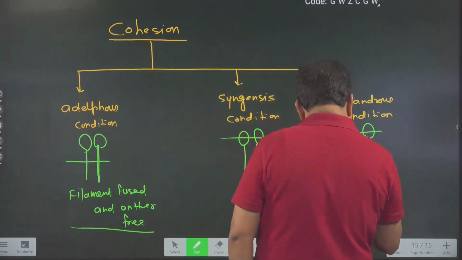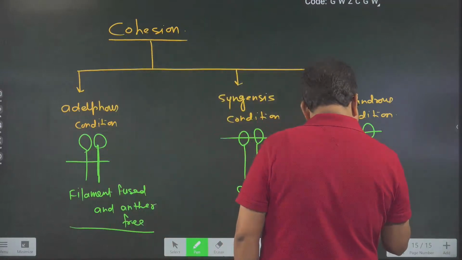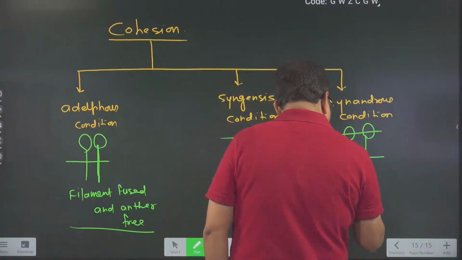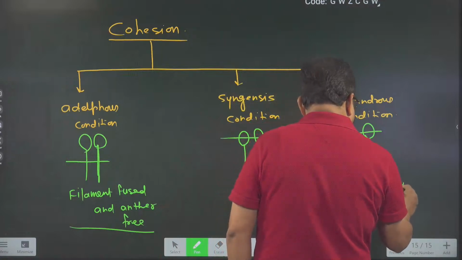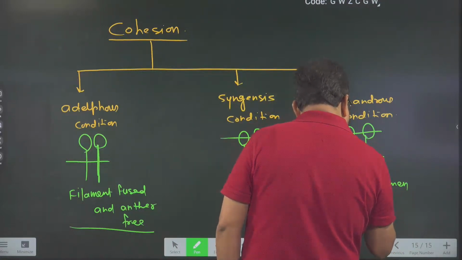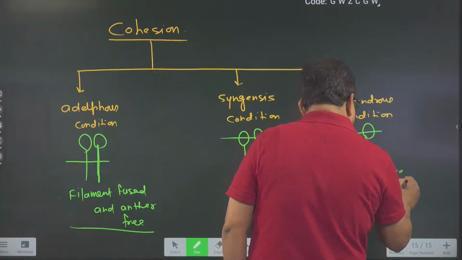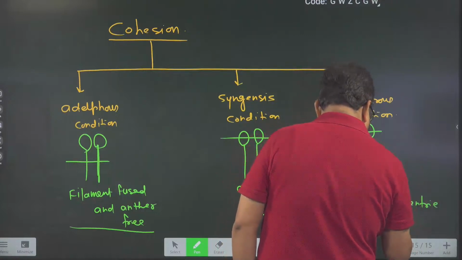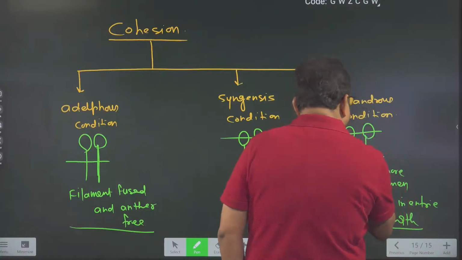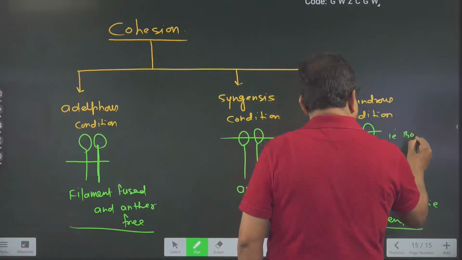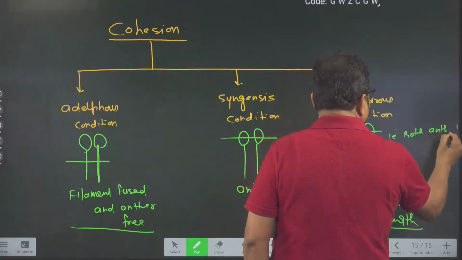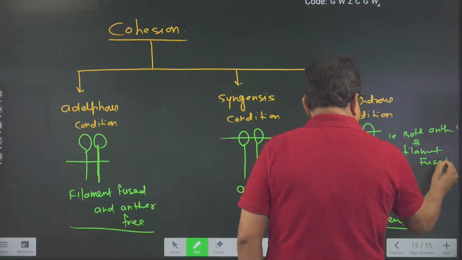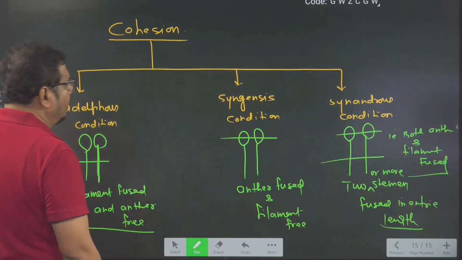Synandrous condition, both, or you can say two or more stamen fused in entire length. Entire length means both anther and filament fused. That is called synandrous condition.